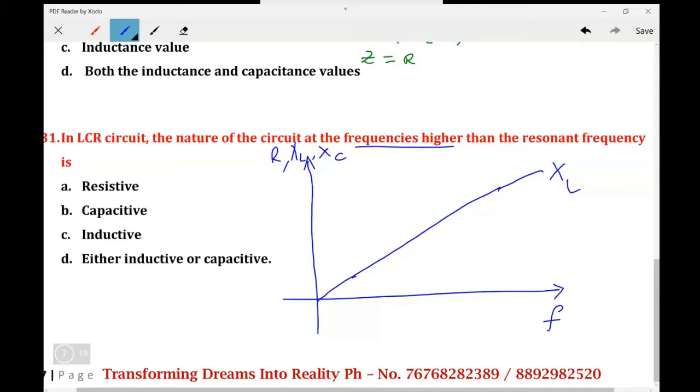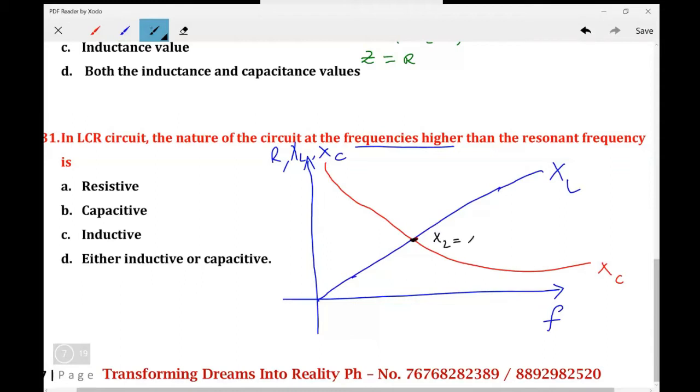Then if this is your capacitive reactance, that is, resistance offered by the capacitor is red color, resistance offered by the inductor is your blue color. The point where these two meet, at that point we have XL equal to XC.